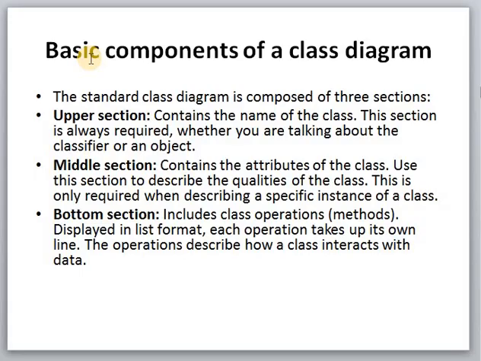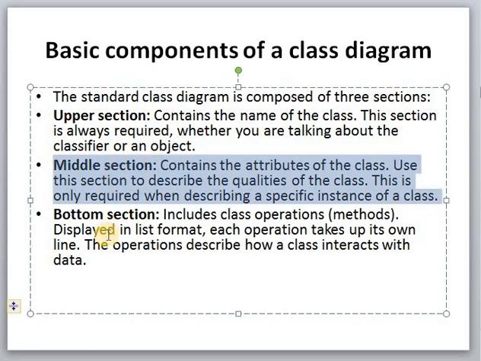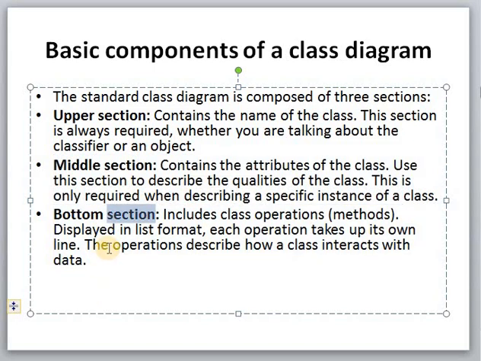Next we have the basic components of a class diagram. The standard class diagram is composed of 3 sections, as we have mentioned earlier: the upper section, the middle section, and the bottom section. The upper section contains the name of the class.